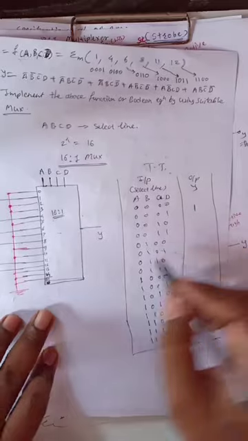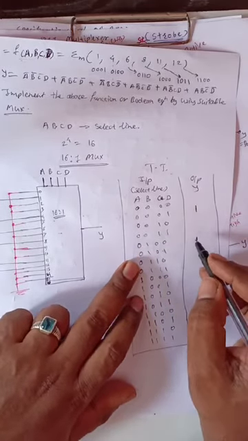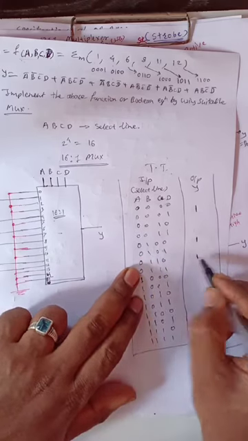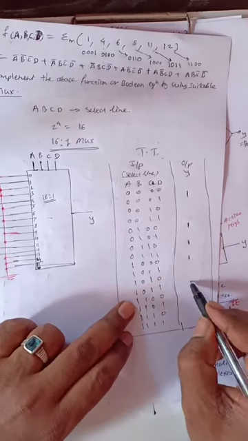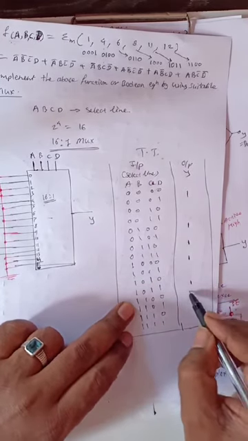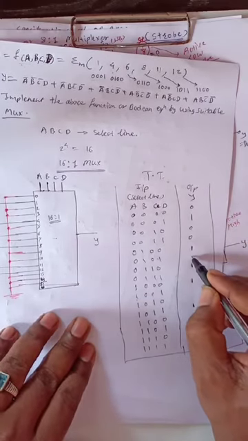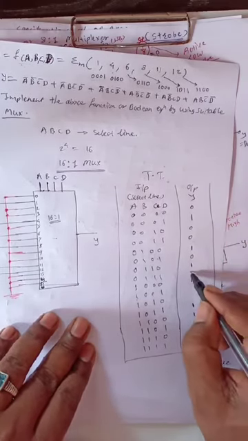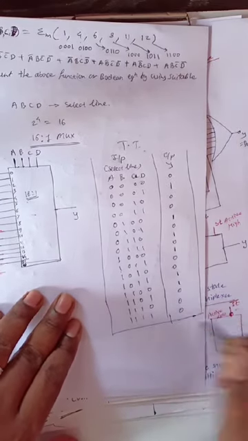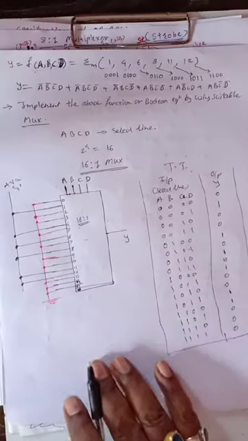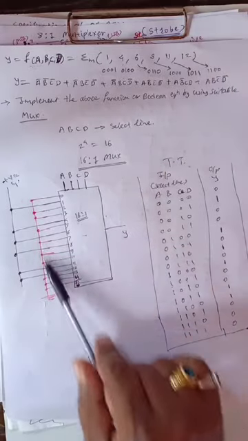Just write 1 here, then for 4, 6, 8, 11 and 12. All remaining are 0 states. So this is how we implement the given equation by using a suitable multiplexer.